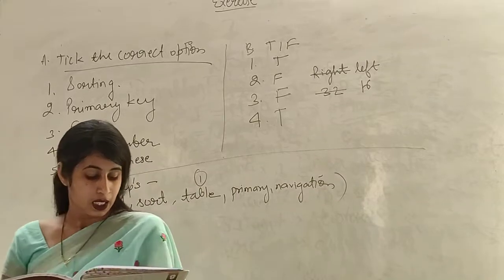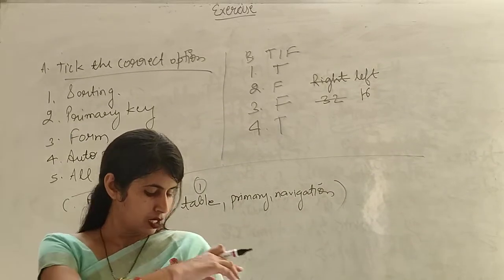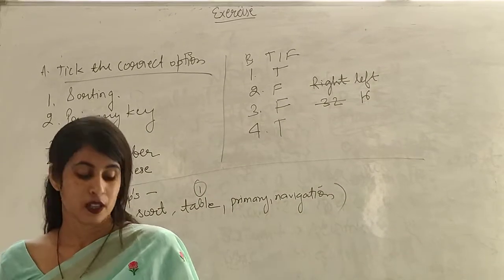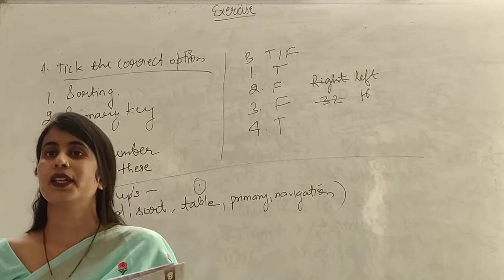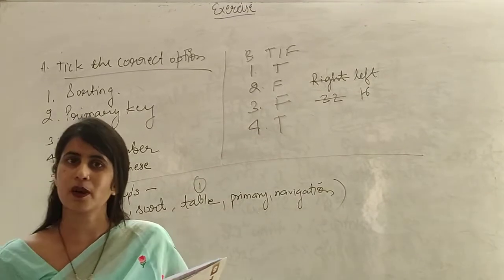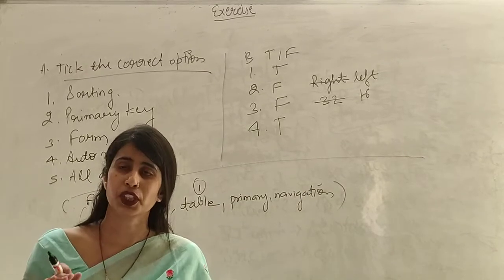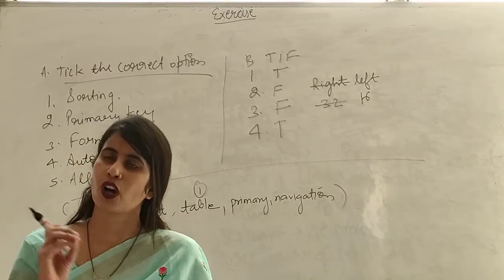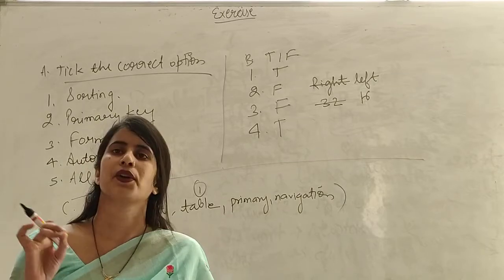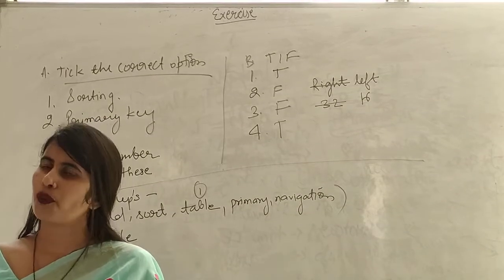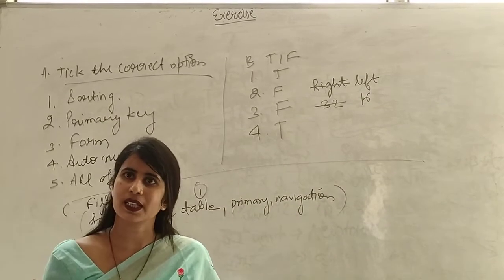Next is: the columns in a table represent. Means what is the use of any column and what is the use of any row. We know that in MS Access columns are known as fields and rows are known as records. How can we learn it?